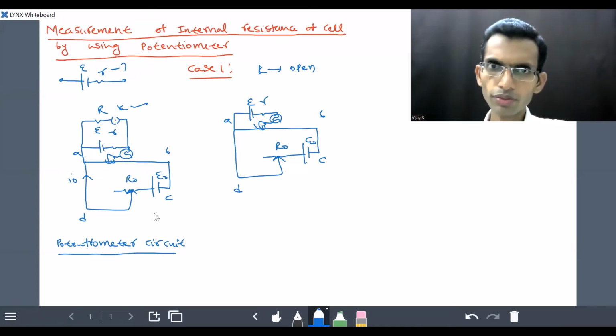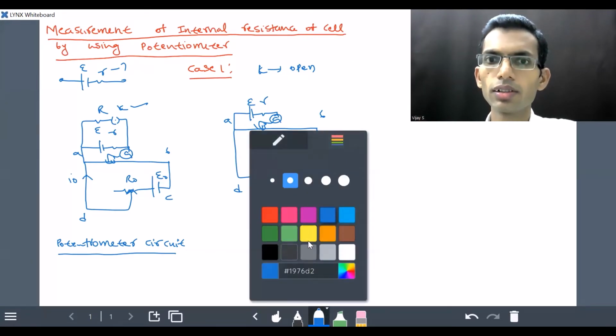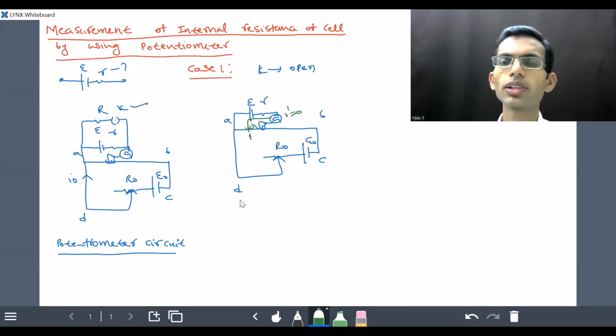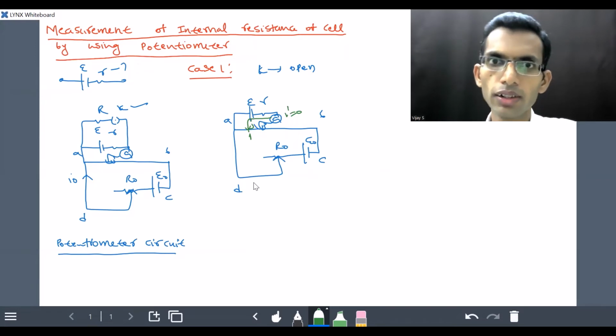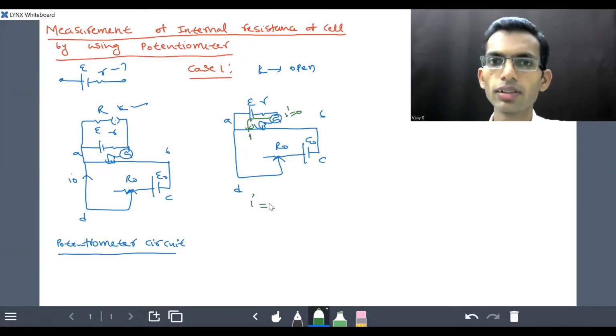Let us say when the moving contact J is at a particular position, let us say 1. Then let us say galvanometer shows zero deflection. That means current becomes zero, right? So the current expression I am directly writing, that we obtained in the last class.